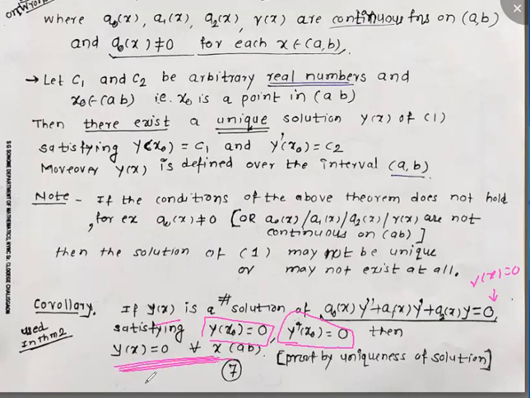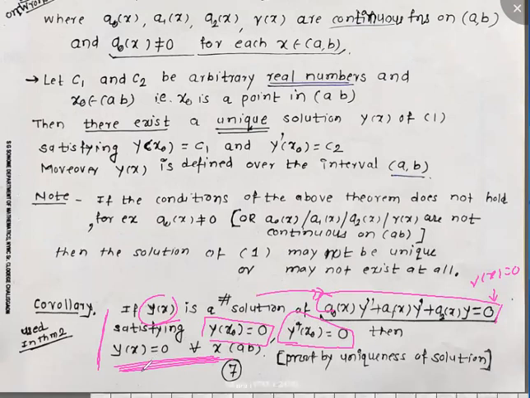So if we have a solution y(x) of this differential equation a0(x)y'' + a1(x)y' + a2(x)y = 0, satisfying the condition that its value at x0 is 0 and the value of its derivative at x0 is also 0, then such a solution is identically 0 for all x.